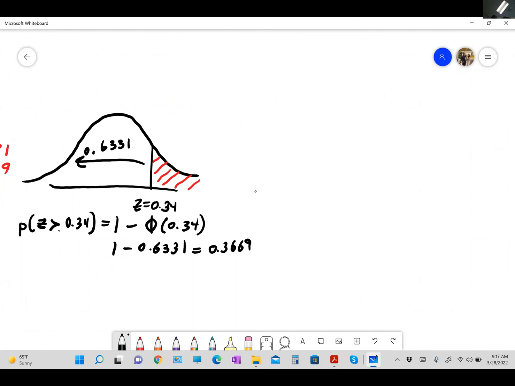I could have said, what's the phi of negative 0.34? I could have asked you that instead. Now that's a really bad depiction of 0.34. Let me go ahead and fix that for a second. The new update on Microsoft Whiteboard is no good, so I still haven't downloaded it. Should be like around here.